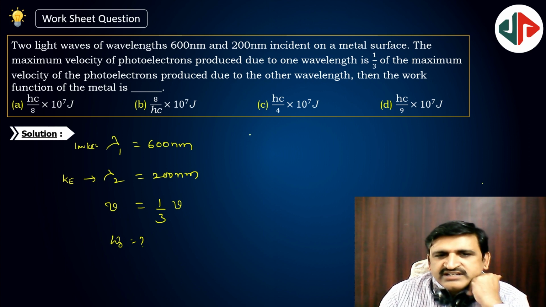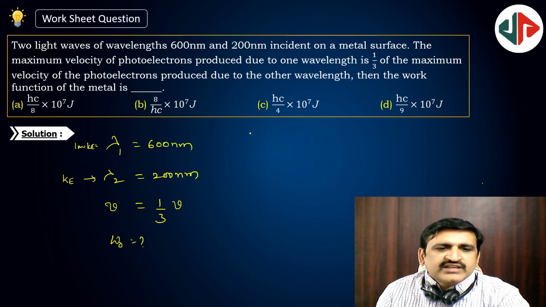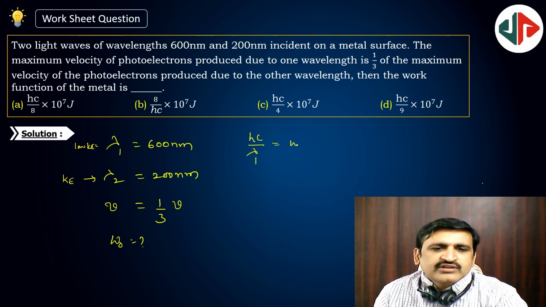Incident energy is HC by lambda. HC by lambda 1 is equal to work function plus kinetic energy, half mv square.